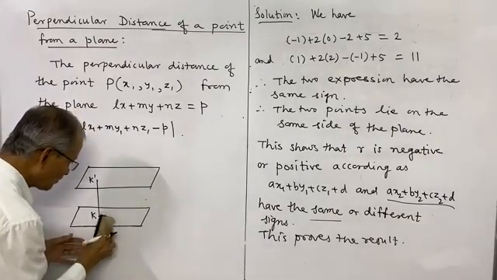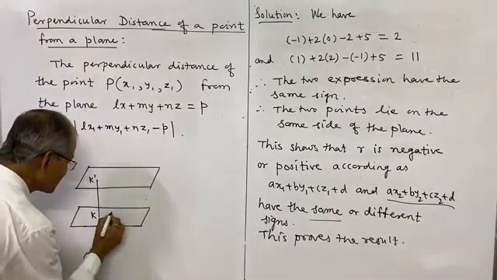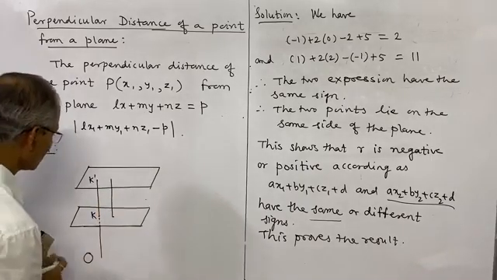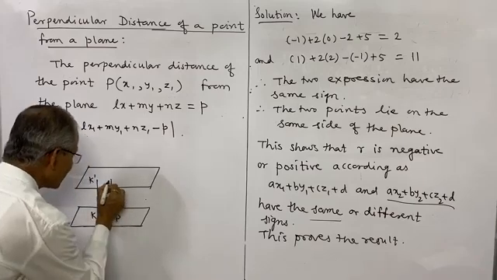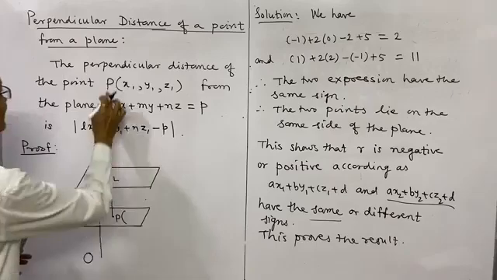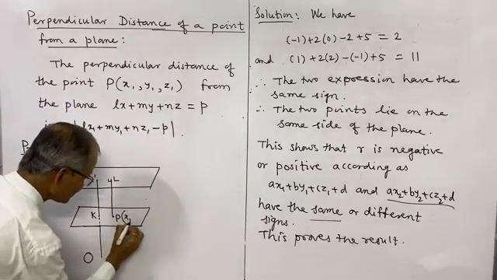Further we want to find the perpendicular distance from this point to the plane. Let that distance be PL, which is perpendicular, and the point P is given as x1, y1, z1.